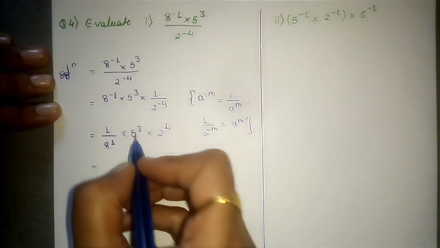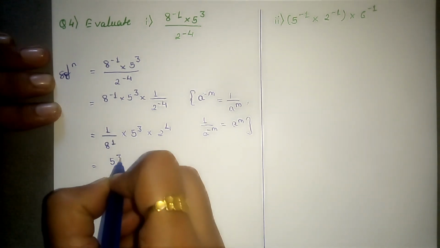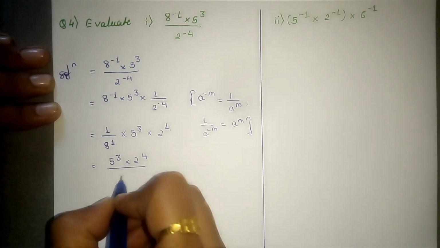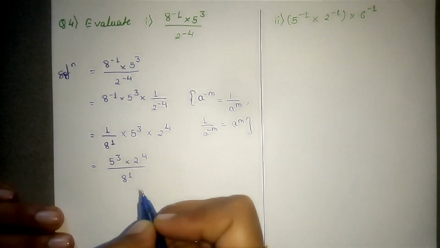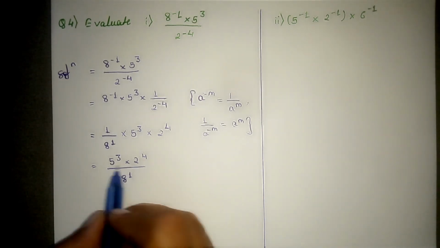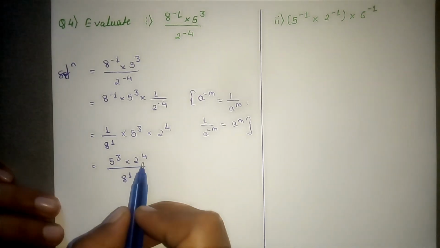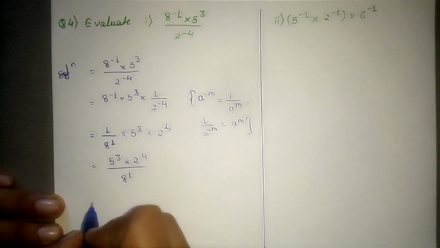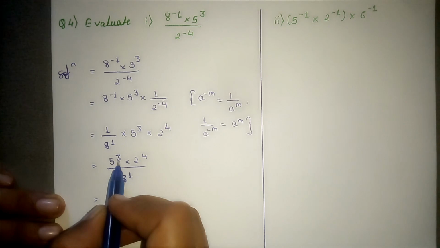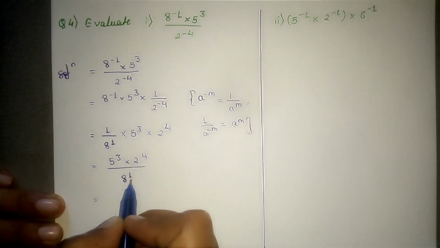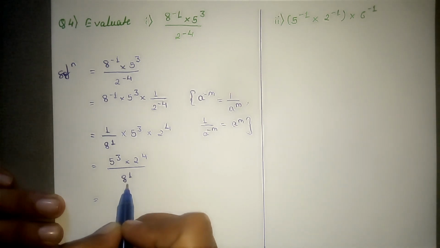Now multiplying with 1, it becomes 5 raised to the power 3 into 2 raised to the power 4 divided by 8 raised to the power 1. Now observe that the bases are different and the exponents are also different, so we cannot use any law here. So we will simply multiply 5 with itself 3 times and 2 with itself 4 times, and 8 raised to the power 1 we write as 8 only.